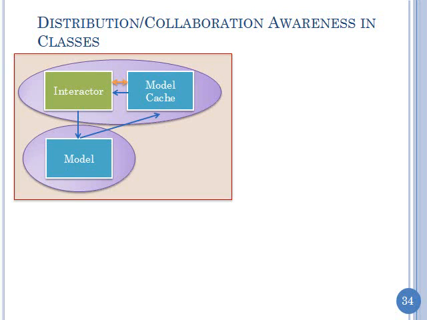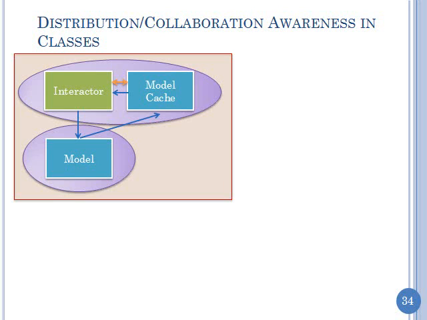Why does the model get to write directly to the model cache? Why did I make the arrow this way rather than go back to the interactor? Anybody want to answer that question? Performance, because you're caching data. It could send one message to the model and one message to the interactor, but then 2 messages would go to the other site.